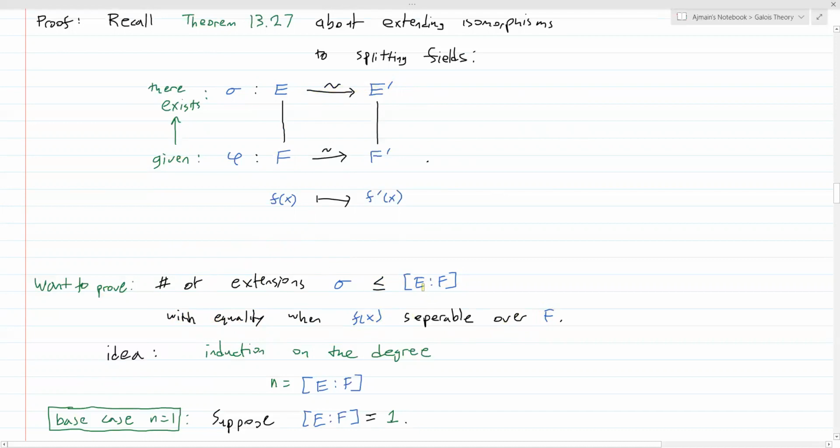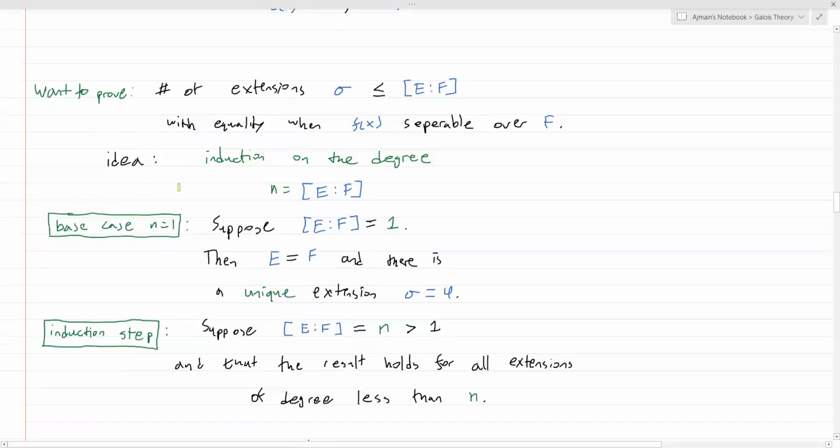We're relating the number of extensions of an isomorphism to the degree of the extension. But this proof, if you understand it, you'll understand why it works like that. I'll tell you in a bit.